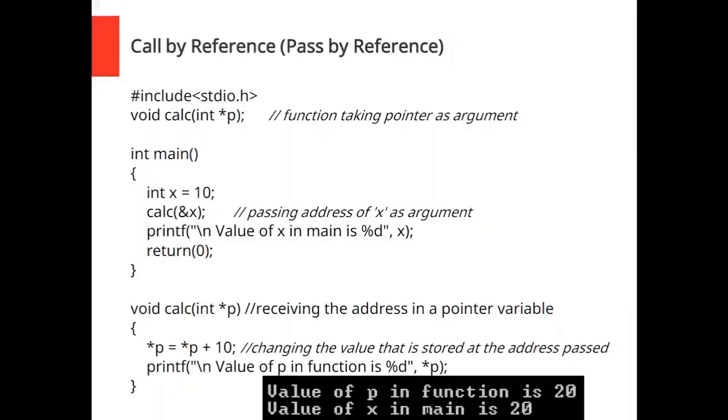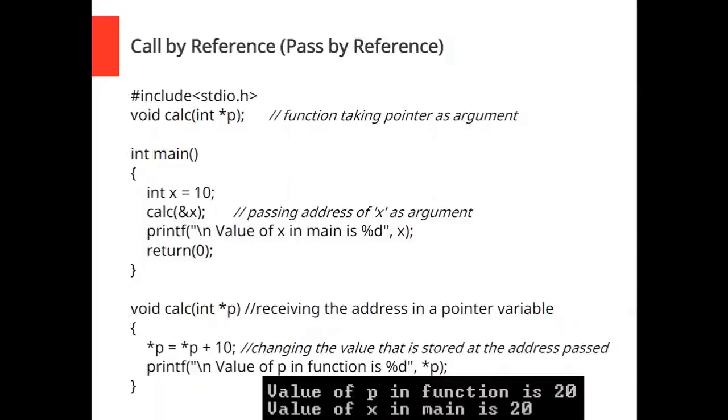That means it is going to accept the address location of the integer value. So inside the main we have int x, which is initialized as 10, and we are calling the calc function passing the address of x as an argument. So we have ampersand x, which is nothing but the address of variable x.